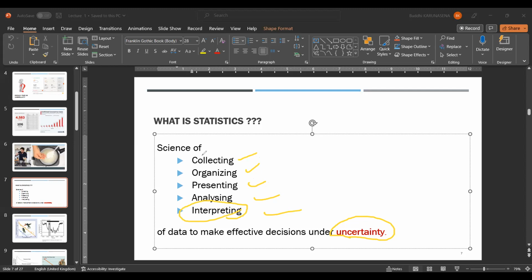So in each and every stage of any research or study, statistics plays an important role. For example, if you are doing a proper study, in the data collection part we have to use certain statistical techniques.